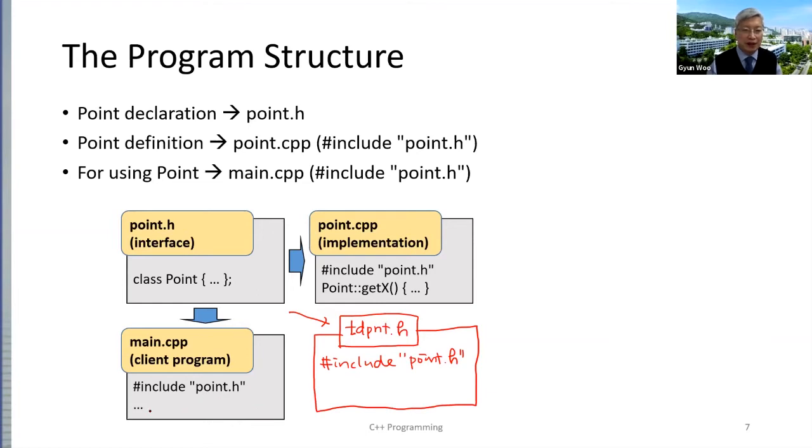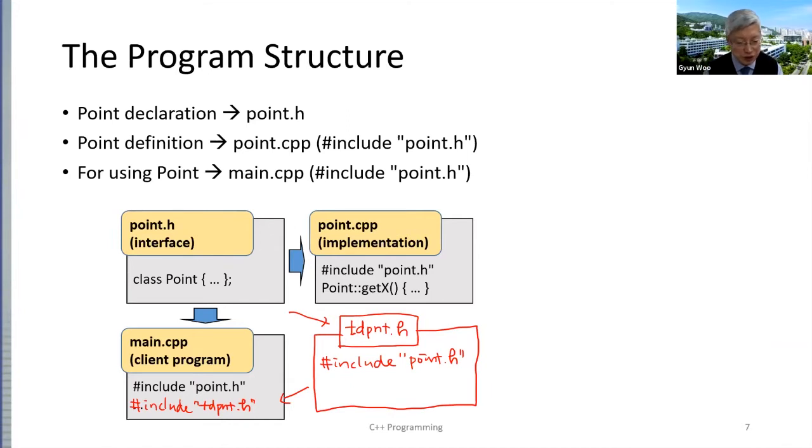And then the tdpoint.h may be included here in main.cpp. Then you know that point.h is included directly in main.cpp, and it is indirectly included via tdpoint.h. So this is a problem because your class declaration will be residing double. Okay, that is a problem.